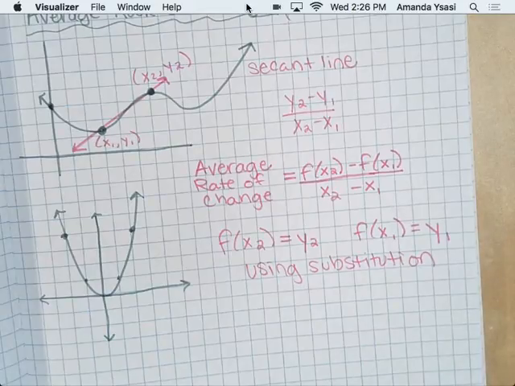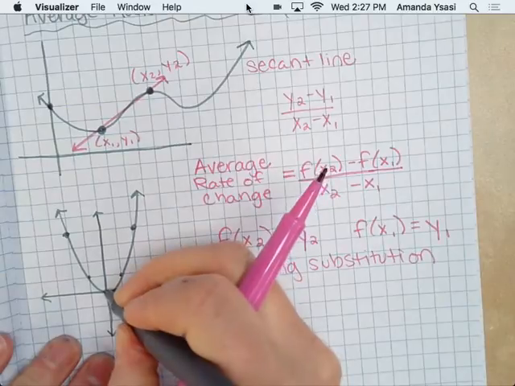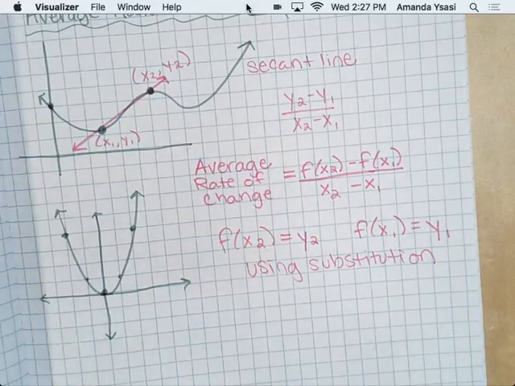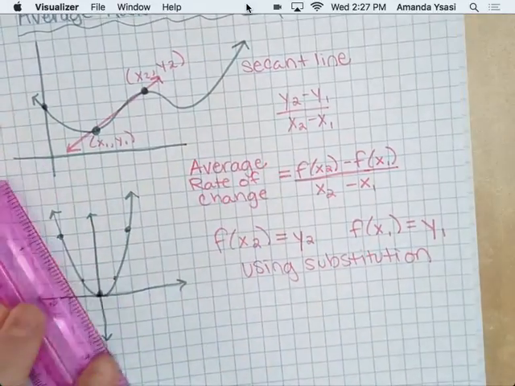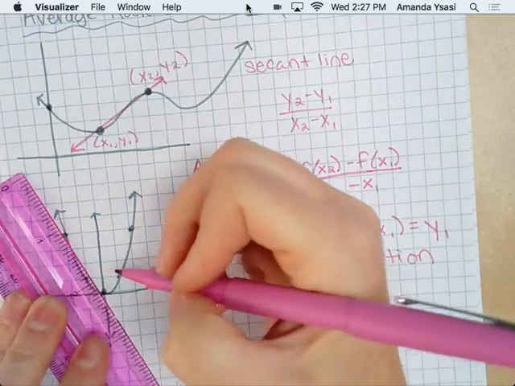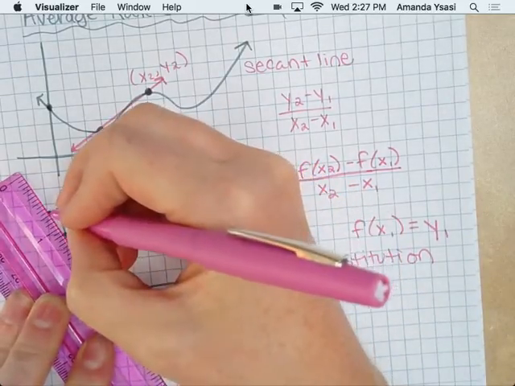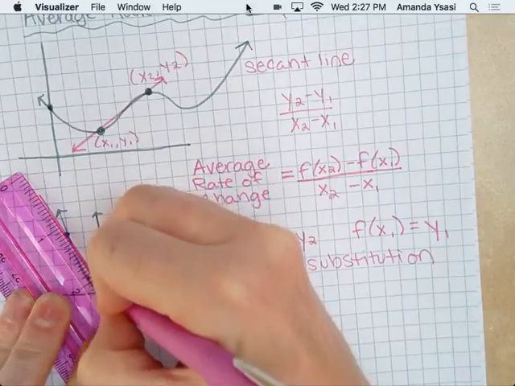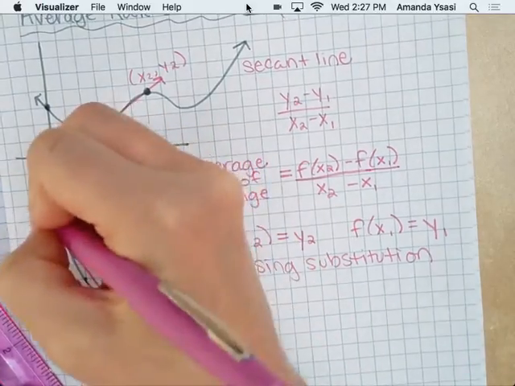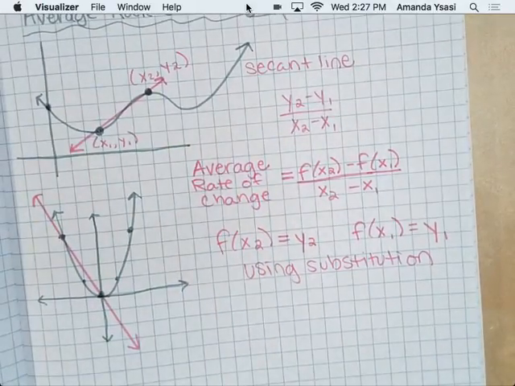So it's either an increase or a decrease. For one of my average rates of change, I'm going to use from this point down to the 0, 0, the origin. That's a secant line.